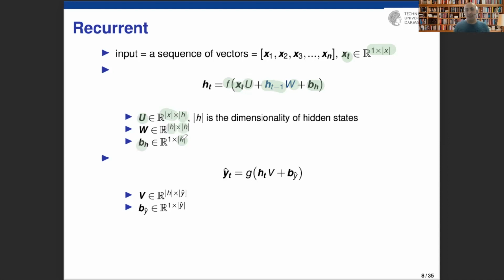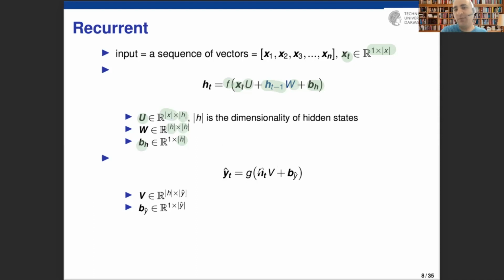This hidden state representation can now be used to predict an output for this token, or a vector representation for this token, or for the sequence until this step.